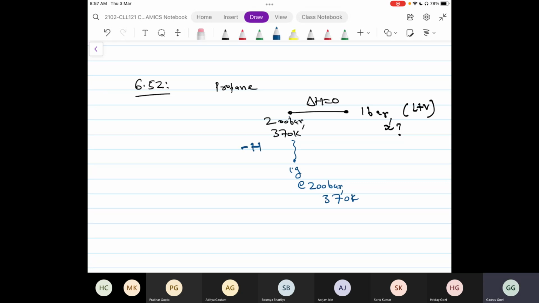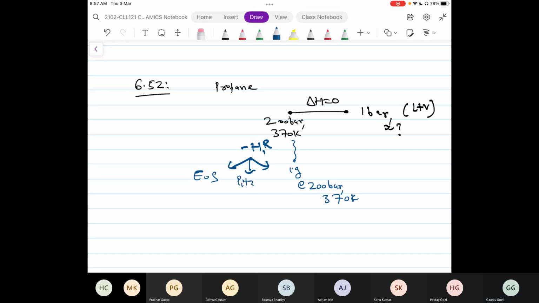I will need to remove at this state point the residual enthalpy. The residuals we can calculate by using either an ideal gas equation of state. Ideal gas would not be correct here. Pressure is high, HR is not 0.